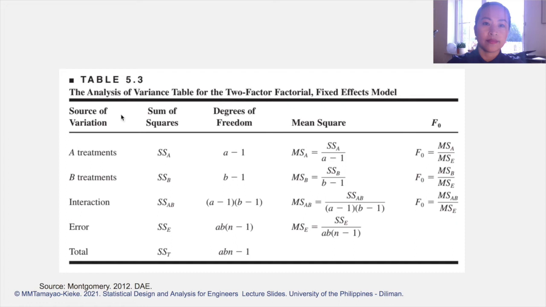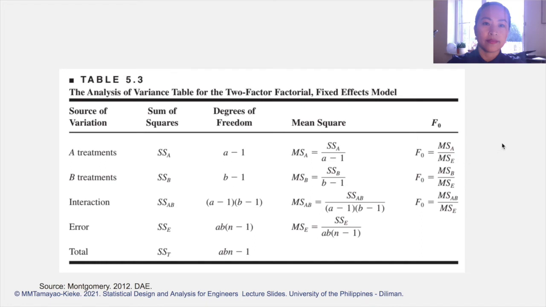Again, your parameter F naught is just equal to the ratio of the mean square for the factor of interest divided by the mean square of the error. As we explained earlier, if this is large, then it means that the factor effect, or the interaction effect, is significant.